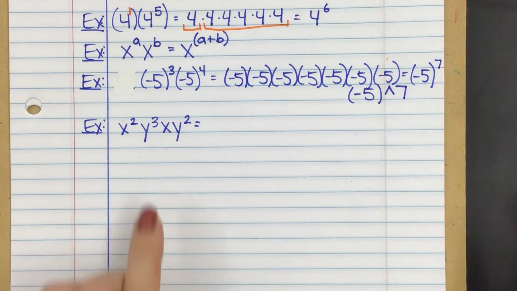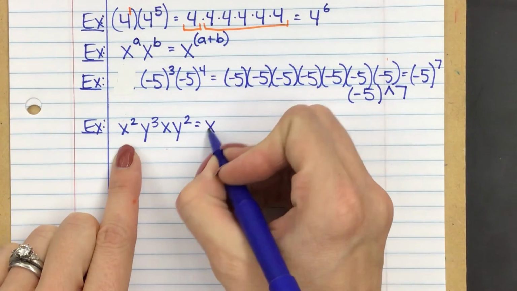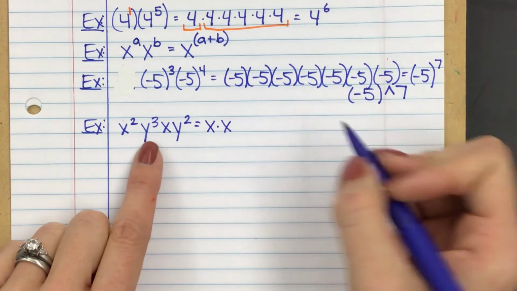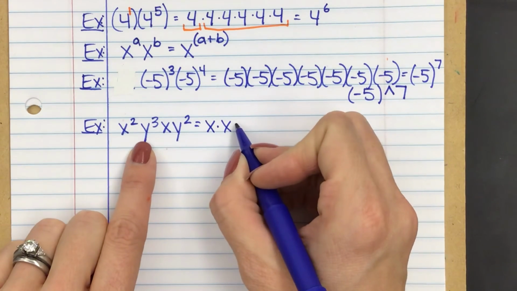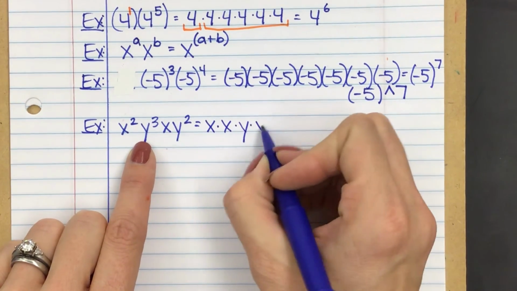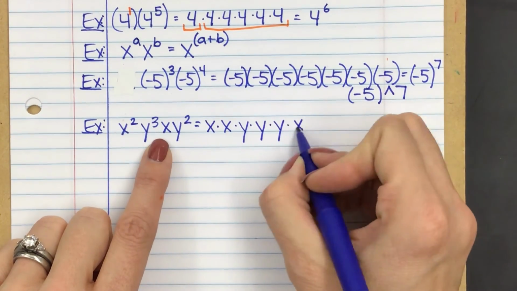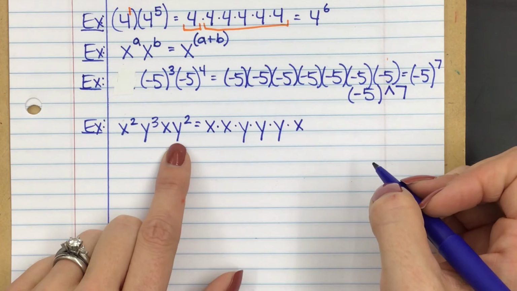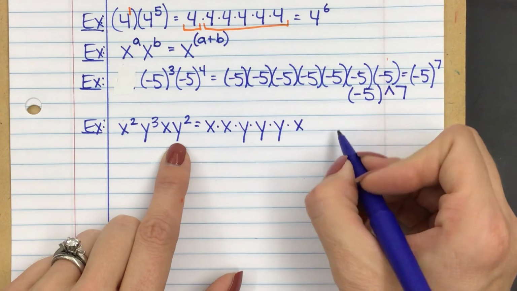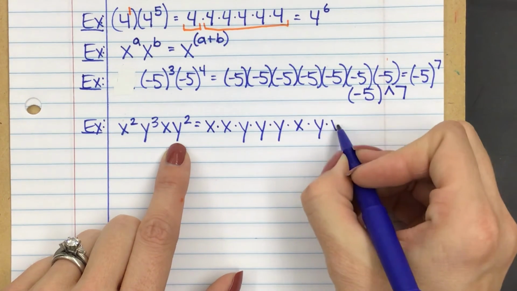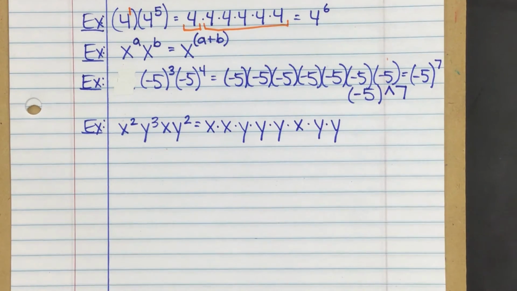So this is going to be x times x, it's happening twice. And then y to the third, so y times y times y times x. And then y times y for y to the second. So that's what it looks like in expanded form.